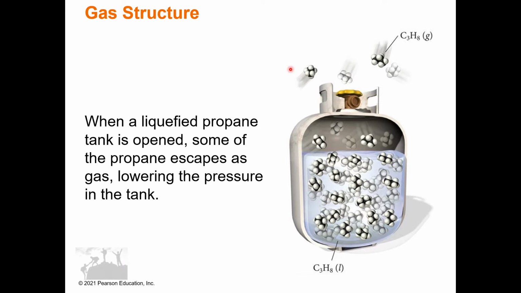Well, the outside pressure at sea level is 1 atm, so it's obviously lower than what's inside the tank. So when you open up that valve, some of the liquid propane turns into gas. There's enough freedom for the propane molecules to move around, and they would have enough kinetic energy to leave the tank as gaseous molecules.